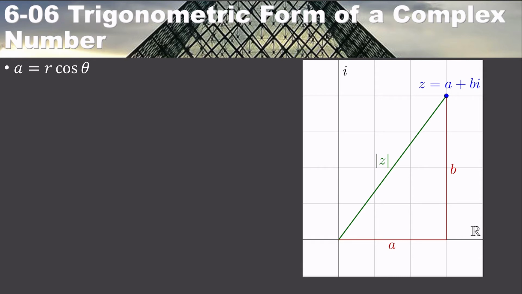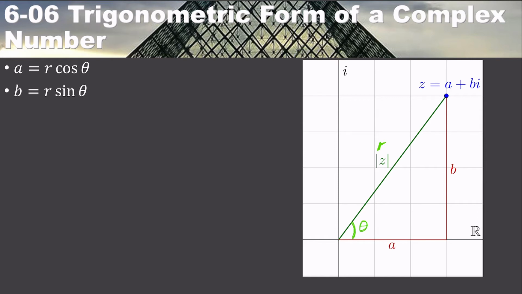All right, now let's get to the trigonometric form. On this little diagram here, if we call the absolute value r, then a is r times cosine of the angle. b would be r sine of the angle.